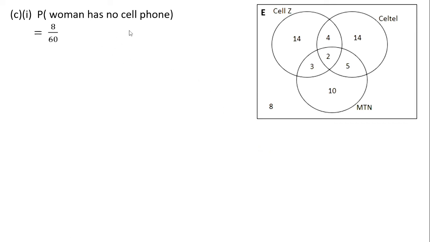So the probability of picking a woman who has no cell phone was 8 over 60. Take that to its lowest terms. 4 into 8 gives us 2. 4 into 60 gives us 15. So the probability of picking a woman without a SIM or a cell phone was 2 over 15.